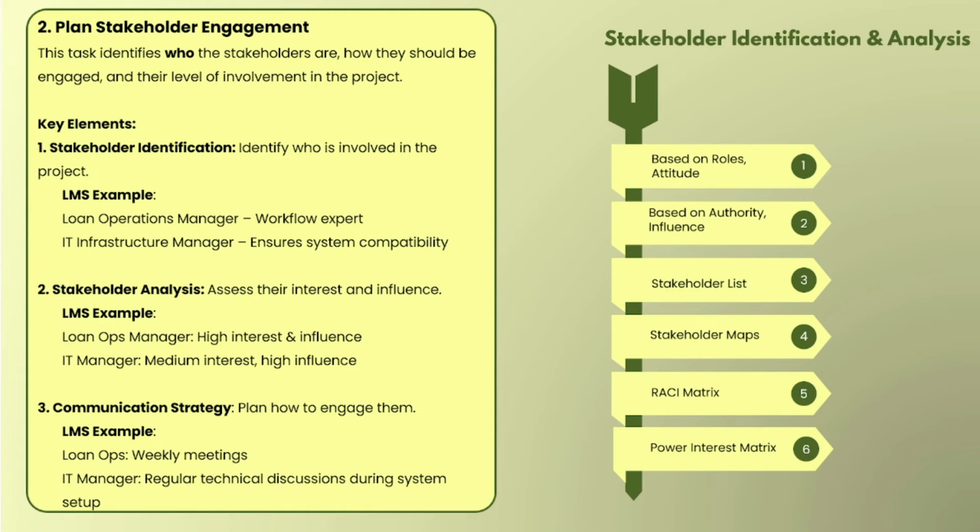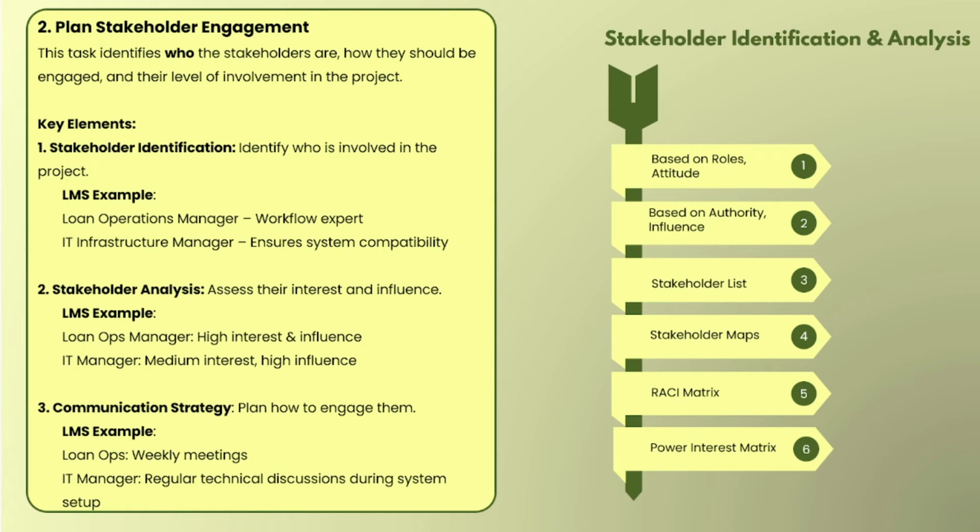In short, the plan stakeholder engagement task is all about figuring out who is involved in the project, how to connect with them, and how much they should be involved. It's like making a game plan for keeping the right people in the loop at the right time. We have already covered who a stakeholder is in detail in tutorial 5. Feel free to check it out again and refresh your memory.